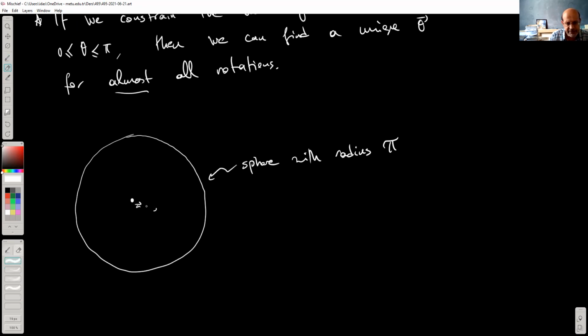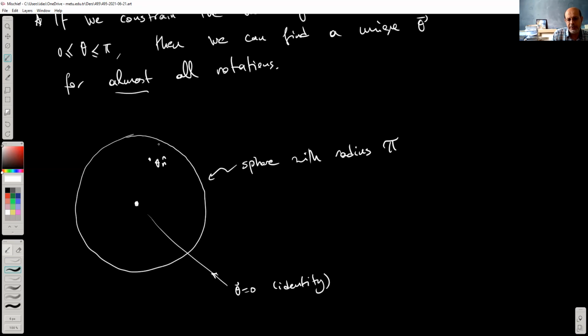So let me erase this because I would like to add something more. So this is theta equals 0, which basically corresponds to identity. Okay, and think about any other rotation with an angle less than 180 degrees, in which case the theta angle is less than pi. So as a result, I can find a point in there. So that's theta n, let's say.